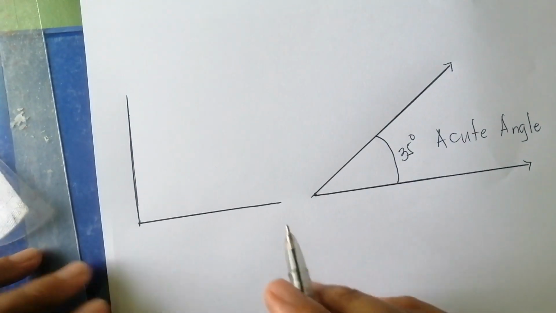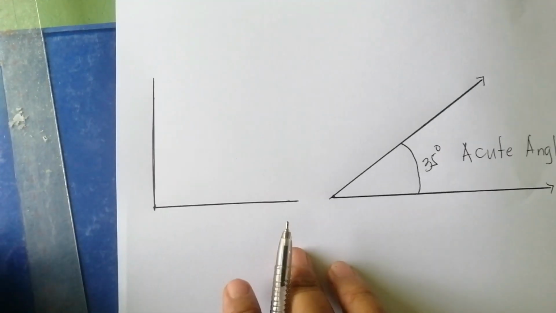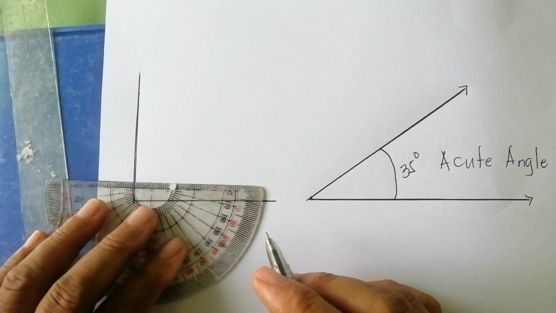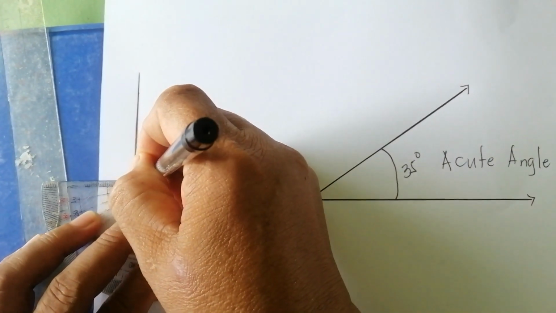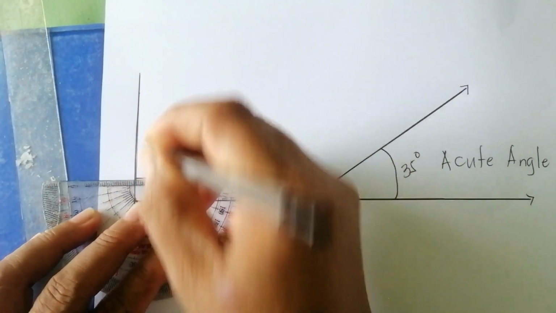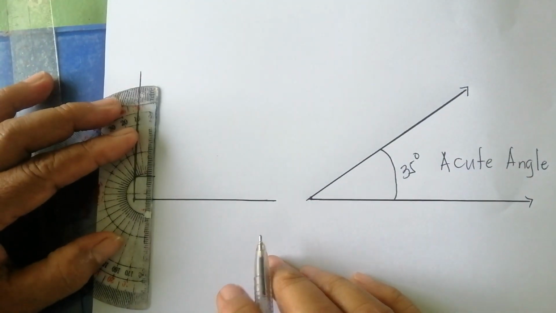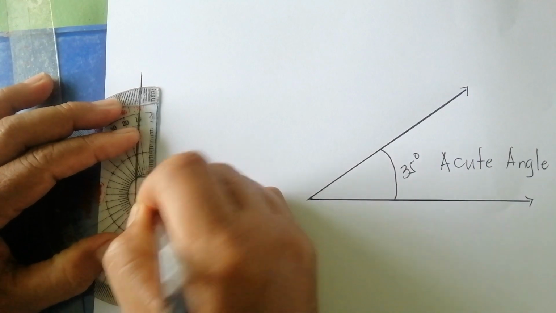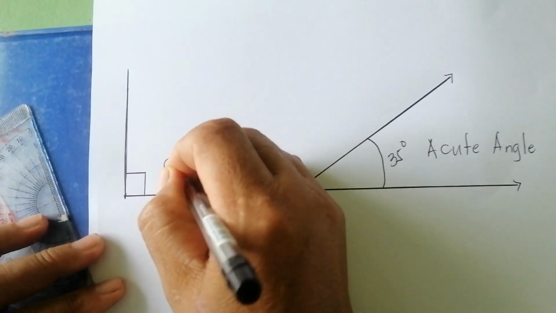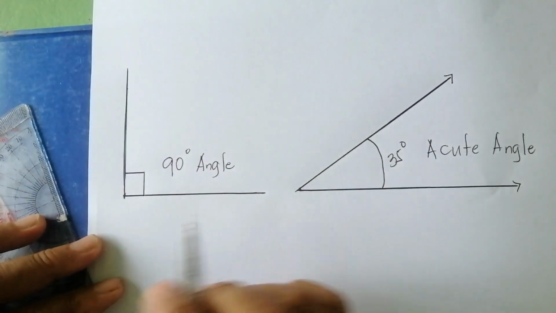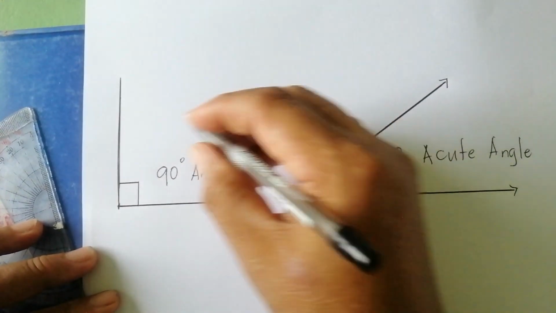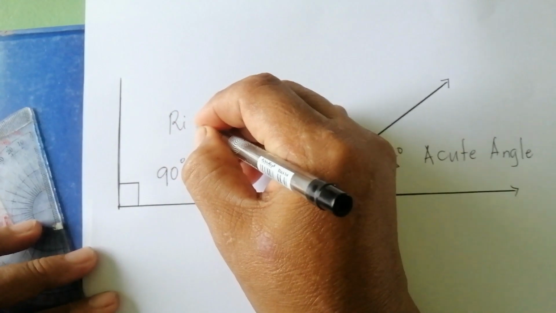So, that is the 90 degree angle, and that should be labeled like this. This symbolizes a 90 degree angle. Okay, this is a 90 degree angle, and this is considered as a right angle.